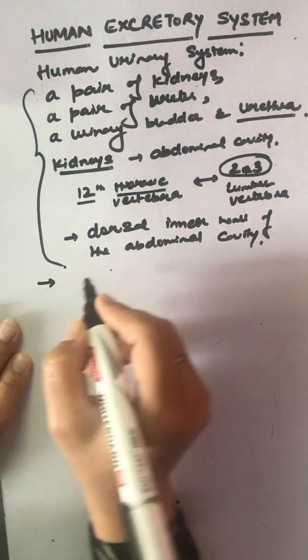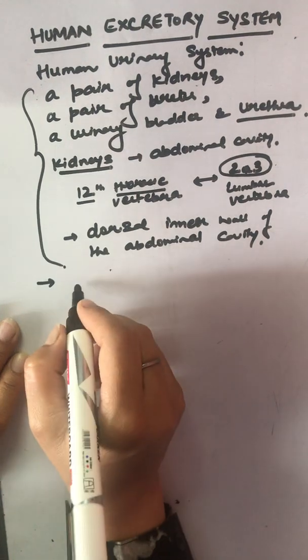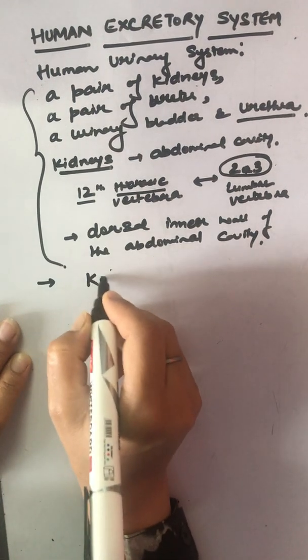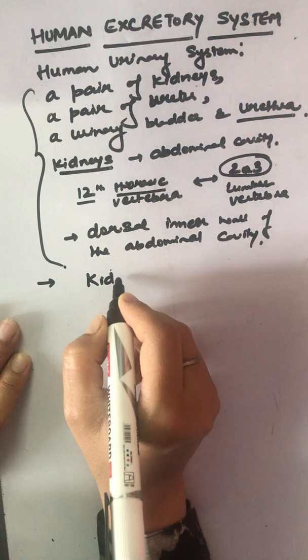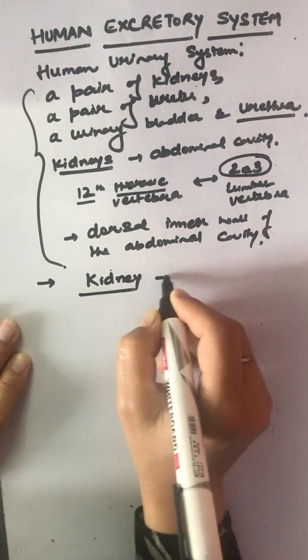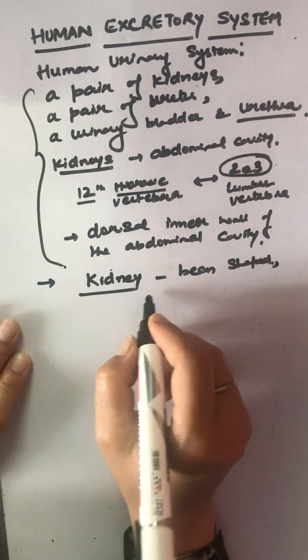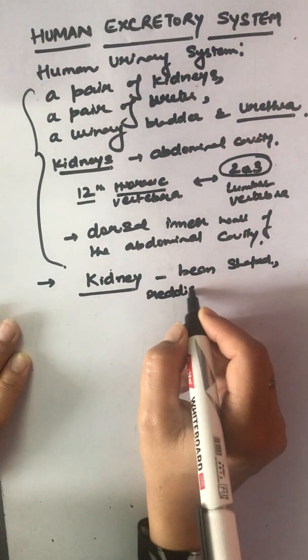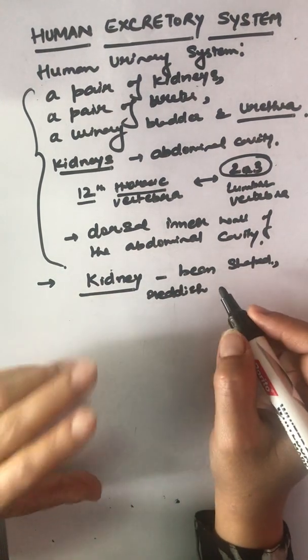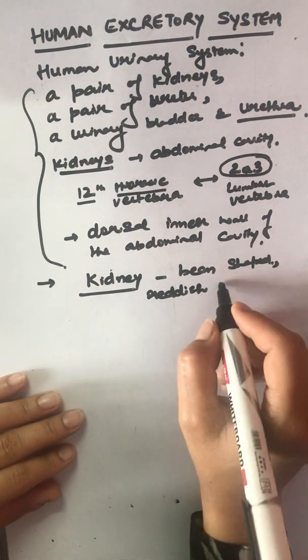Now, what does the structure of the kidney look like? Each kidney is bean shaped in structure, reddish brown in color, like the kidney beans, rajma beans we have seen.